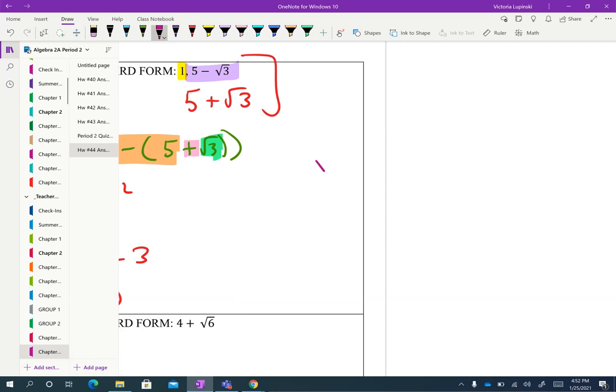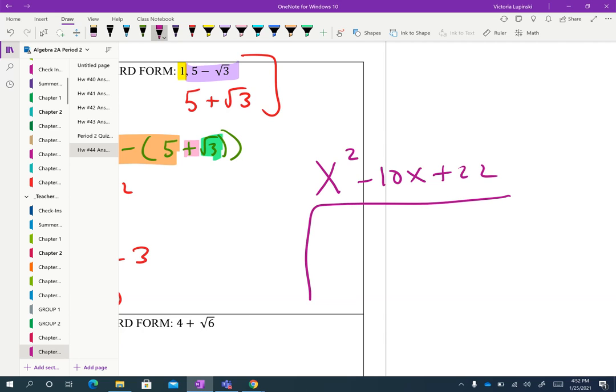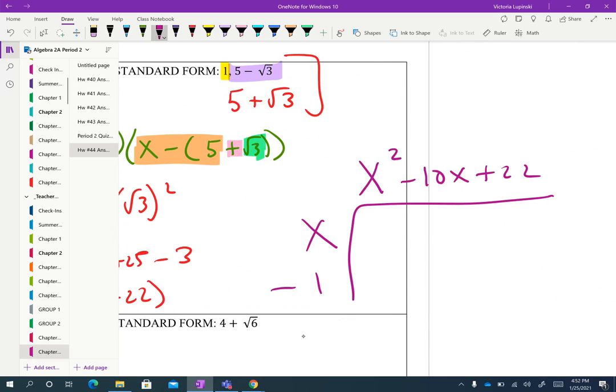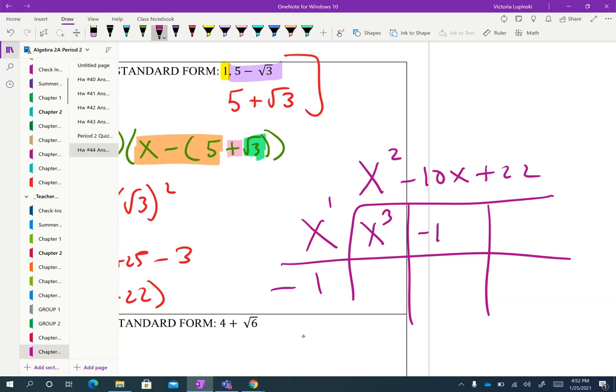So if you're going to do the box, you're going to do x squared minus 10x plus 22 along the top. Just making sure I copied that right. Yep. And then x minus 1 along the bottom. Go ahead and fill everything in. So x to the third minus 10x squared plus 22x minus x squared, positive 10x, and negative 22.